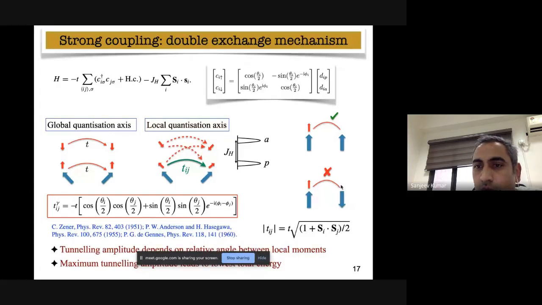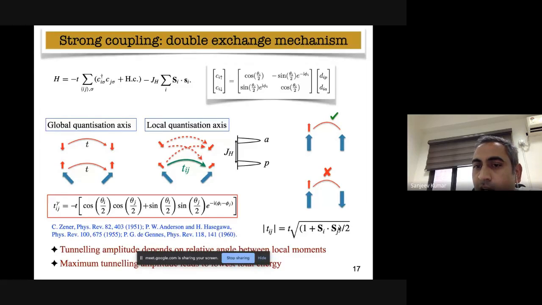Therefore this hopping will be completely missing, and this will generate an effective spin Hamiltonian, which will look like this. If you maximize this term, this denotes the effective tunneling amplitude, and the tunneling amplitude has to be maximized to minimize the energy. Remember again the delocalization physics: left to themselves, the electrons want to delocalize as much as possible, and the delocalization extent is proportional to the tunneling amplitude.